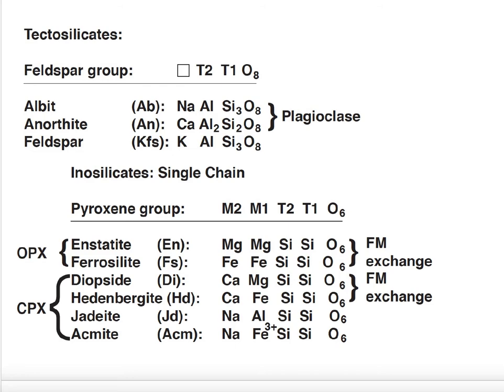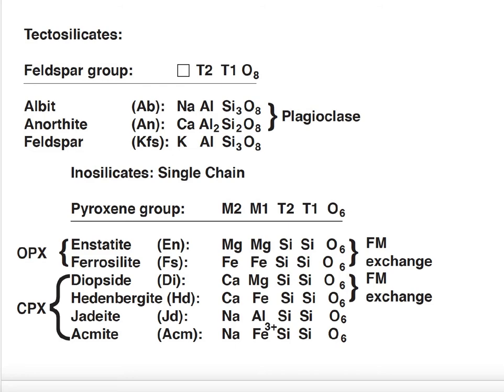The feldspar group, all of the feldspars have 8 oxygen. Then you have 2 tetrahedral places, T1 and T2, which I showed you in class. Within these, you place the big cations like sodium, potassium, and calcium.